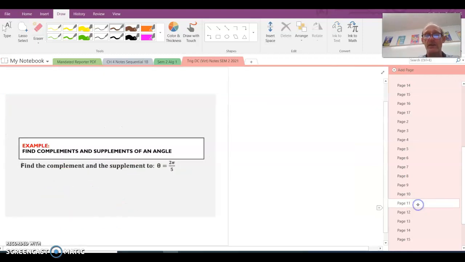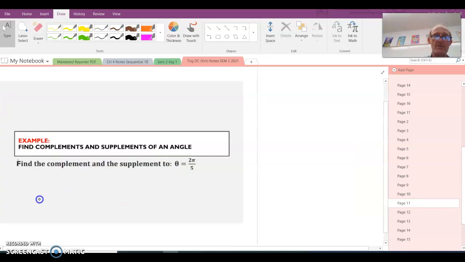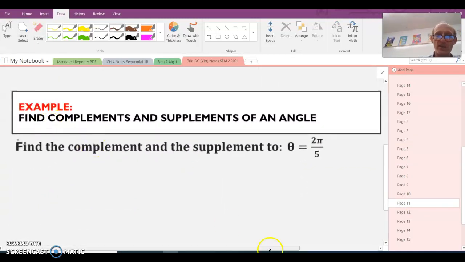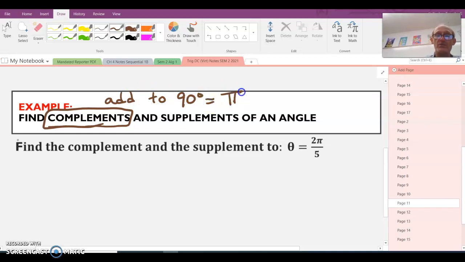All right, so moving on now to complements and supplements. Remembering from geometry what complements are is very helpful here. Complements of an angle add to 90 degrees. Now, 90 degrees is pi over 2.